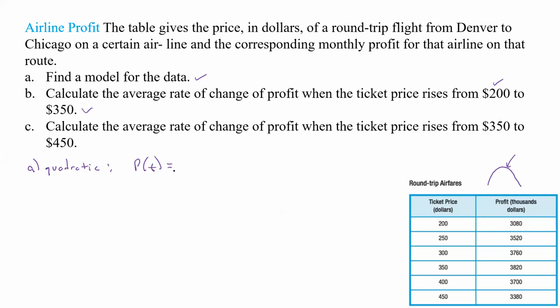That's going to be approximately equal to, because we're rounding, negative 0.037 T squared, plus 25.529 T, and then minus 57.143, and that's in $1,000.